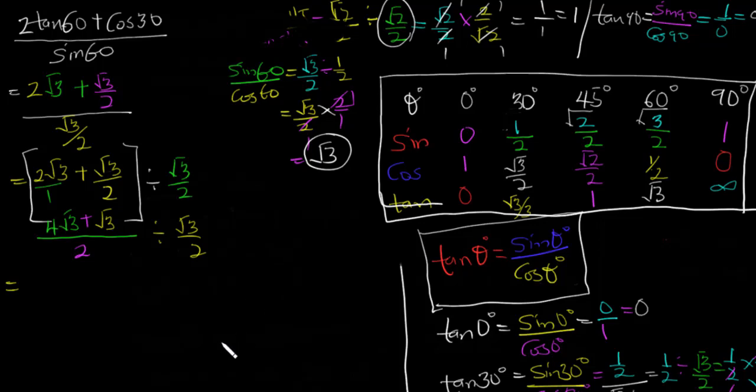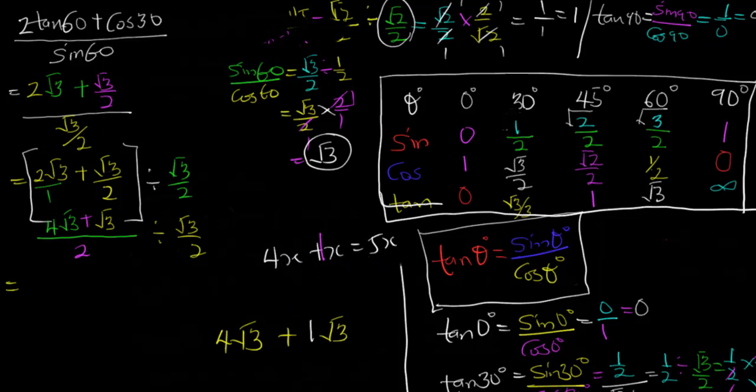Now if you have something like 4 root 3 plus root 3, there is a number in front of this surd, and that is the number 1. There is a coefficient of the root 3. You know, surds can be thought of as variables. For example, if you have something like 4x plus x, you are obviously going to say 5x, because x here is 1x, and because they are like terms, you can just add them.